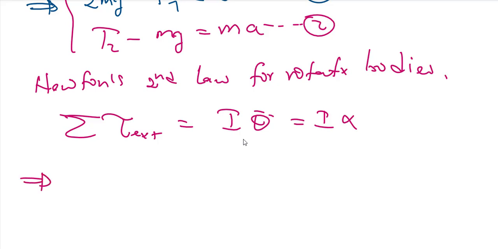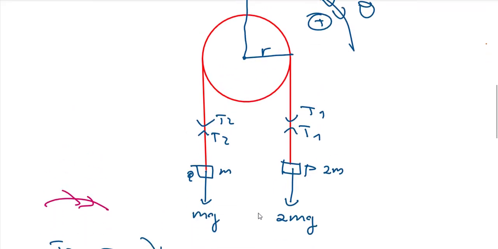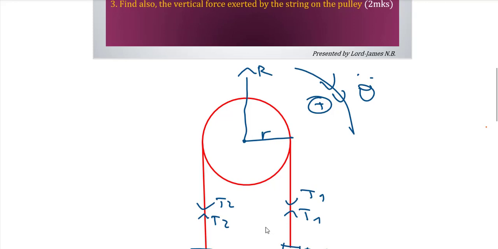So what we have, from there, is that the sum of the external torque. What's the external torque? The external torque will be due to this couple, these tensional forces. So if I look at my string and my pulley is rotating in the clockwise direction, that will be due to this tensional force T1. So definitely the rotational torque will be given by the force times the perpendicular distance.